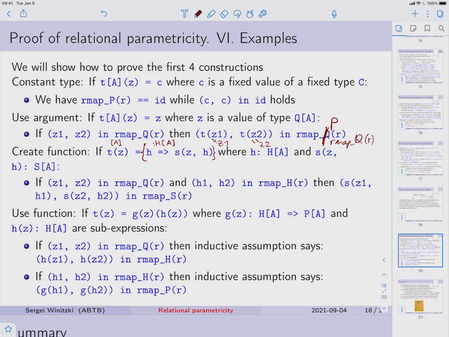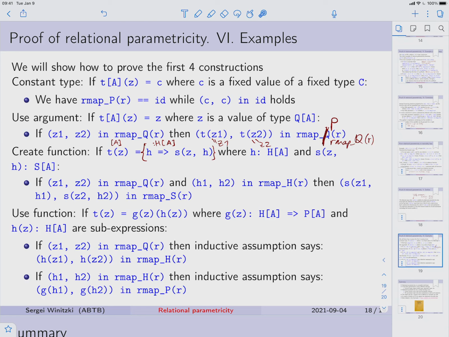And S is some expression which has type capital S. It's a new type, different from P. So this entire thing has the type P of A. So P of A is a function type, which is H of A to S of A. So that's generally what we can have.